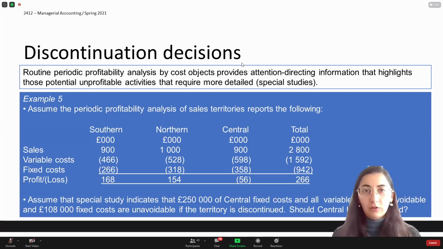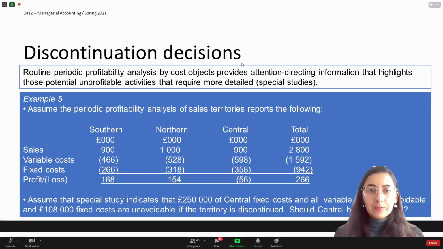We do not have that information. If we had it, we could make a better decision. But looking at the information available in the example, these are unavoidable, so we will incur them. That is a very good point.